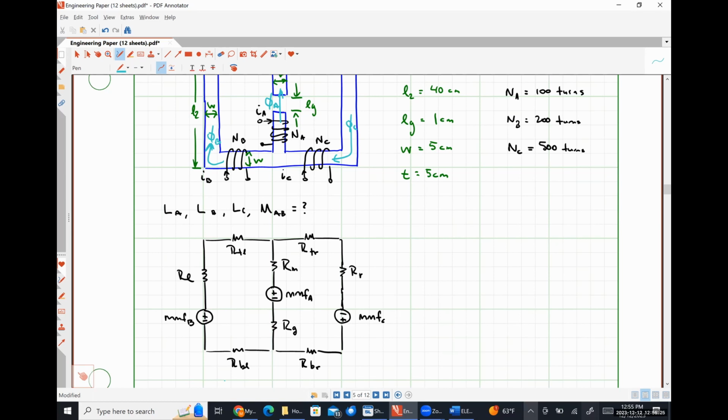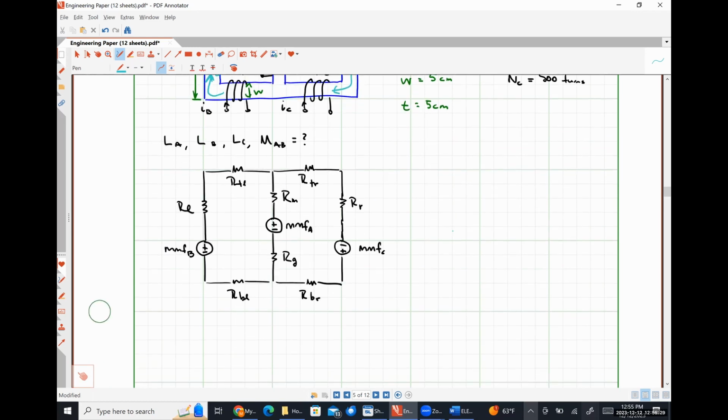So let's suffer through the boring stuff and calculate some reluctances really quickly. The reluctance of my top left branch is going to be the same as the reluctance of my top right, the same as my bottom left, and the same as my bottom right. All of those are identical because they all have the same cross-sectional area, they're all made of the same material, and they're all of the same length, right?